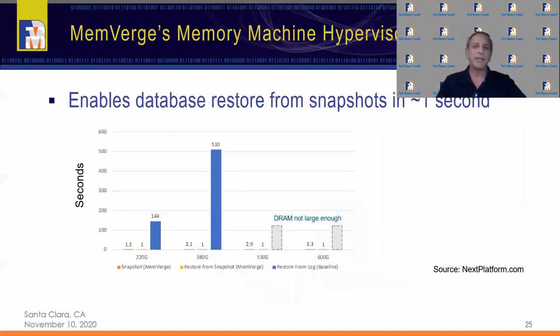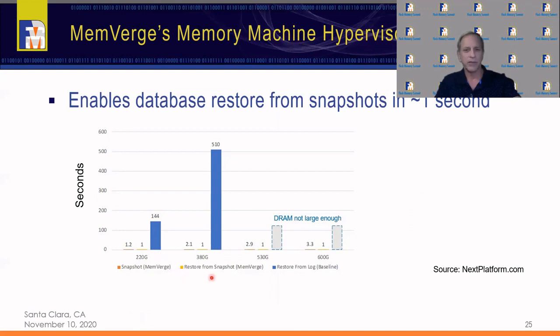Persistent memory is not only about making memory bigger. The persistence, when properly managed, can make new features possible. For example, this slide compares restoring a snapshot of various sized KDB Plus databases using memory machine versus restoring from a log. The 220 gigabyte database takes 144 seconds to restore from a log.